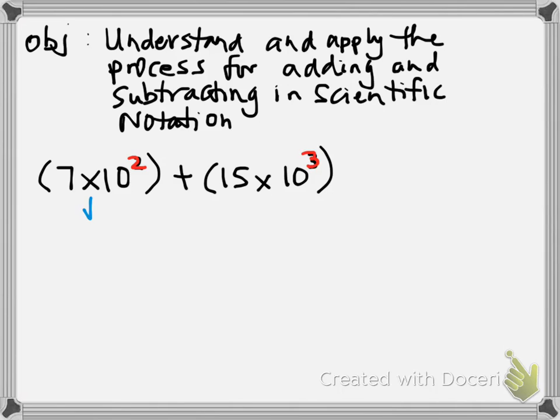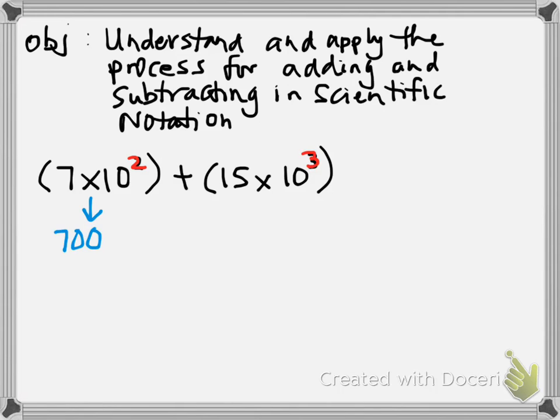So we're going to need to rename him. So notice, 7 times 10 squared equals, it's actually 7 times 100, or it's 700. But what I need it to say is to the third power.